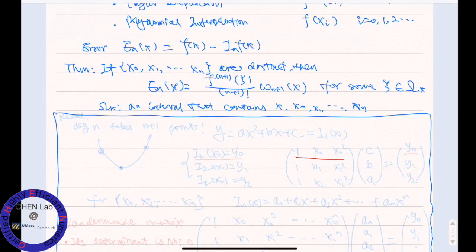Here is your x. That x might be different from x0, x1, all the way to xn. That's why I'm saying, we don't know what c is, but c is among those points, between any of those two points.